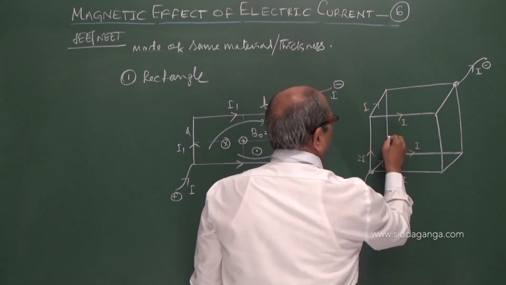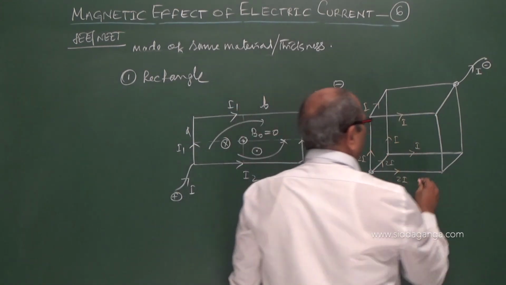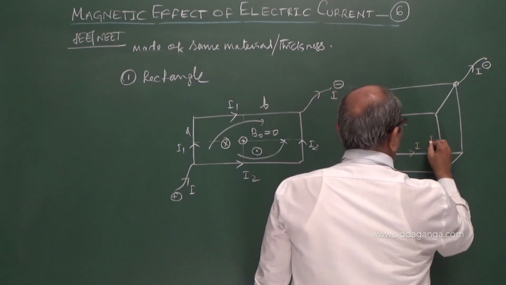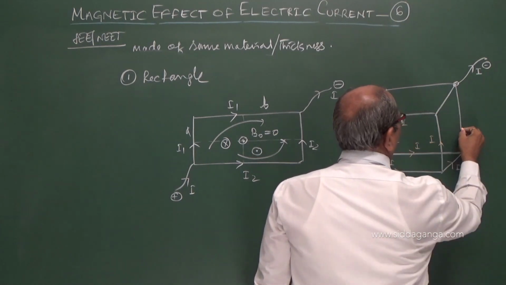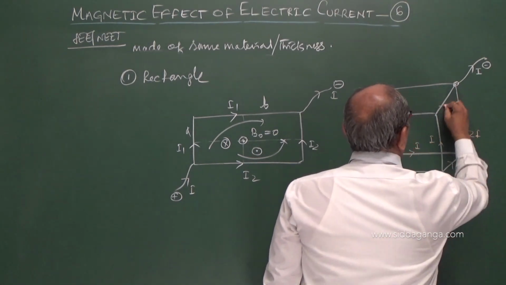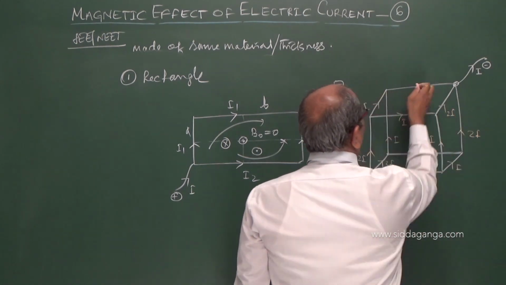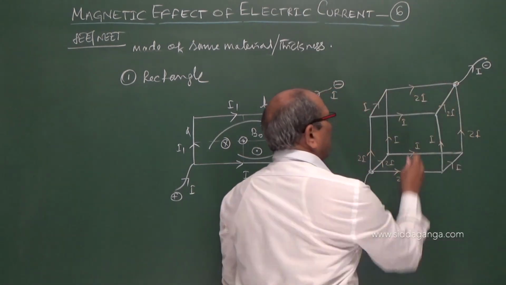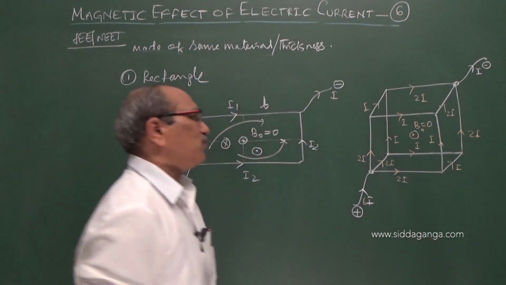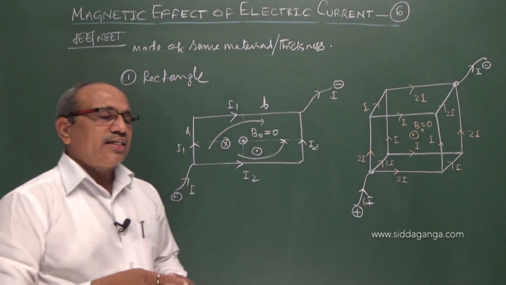This will be I and I. And coming to here, the 2I gets I and I. Again here it is 2I. These two join, and these two join 2I, and these two join 2I. At this center the magnetic field here also is 0. Magnetic field even in that case becomes 0.